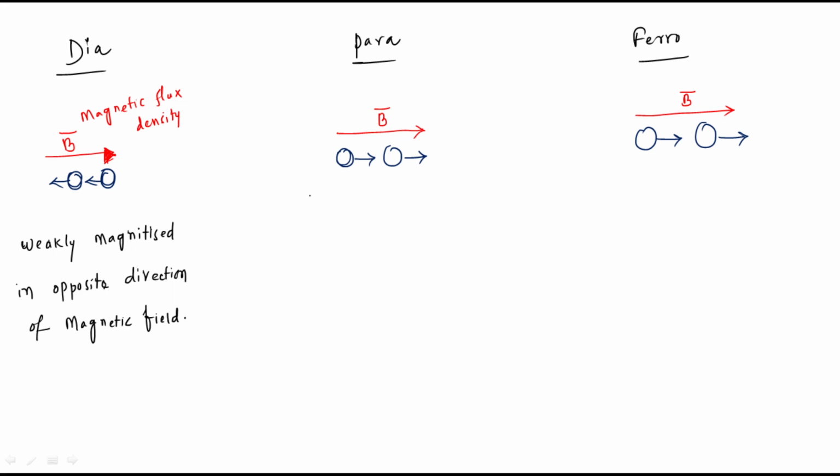Like that, for paramagnetic material, weakly magnetized in the same direction of the magnetic field, same as in the definitions.